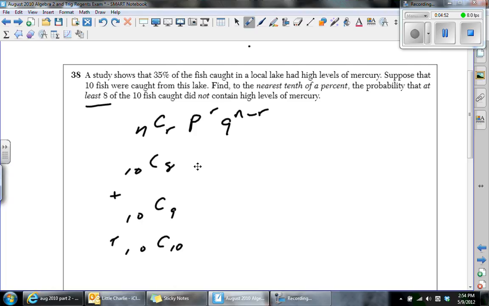Now the p stands for the probability of success. We want to be successful, meaning the fish did not contain it. 35% did, so we want to be successful 65% of the time. That's going to be 0.65, 0.65, and 0.65.